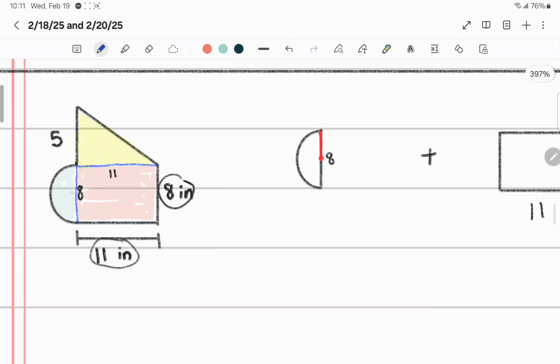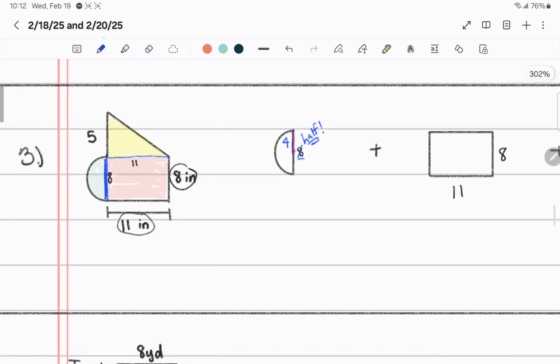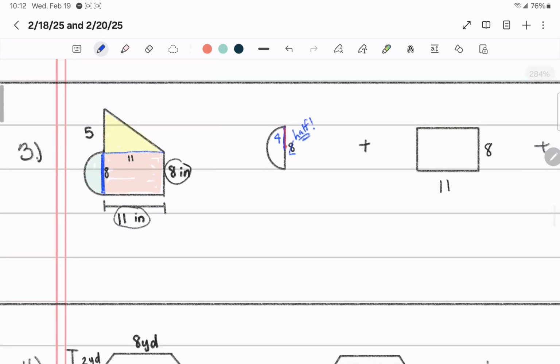So again, remember, I'm getting 8 from this total side, but the semicircle is half of that. So we would be doing 4. So even though 8 goes here, we're not going to use 8. We're going to use half of it. So 8 divided by 2 is 4. Okay, so remember half. Make the note, half. So 4.